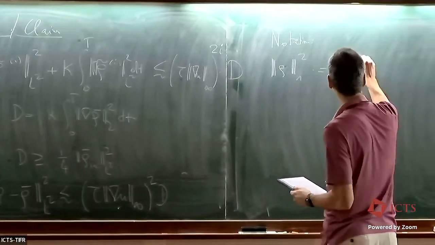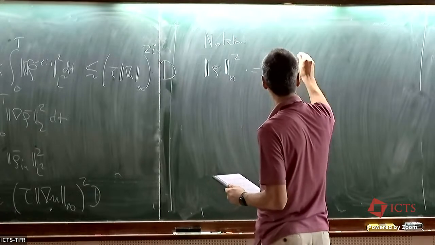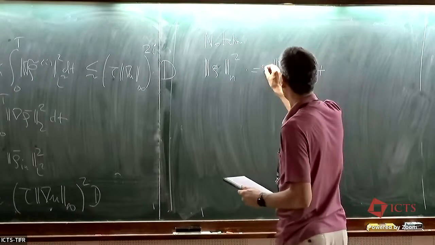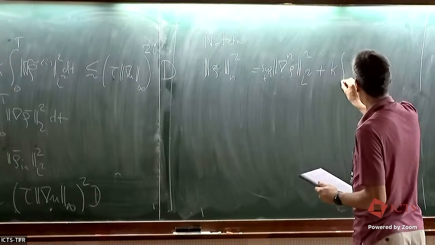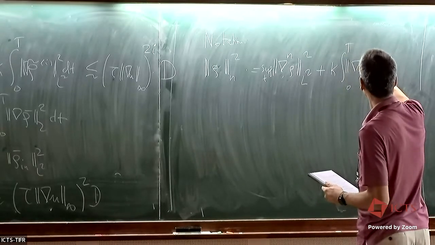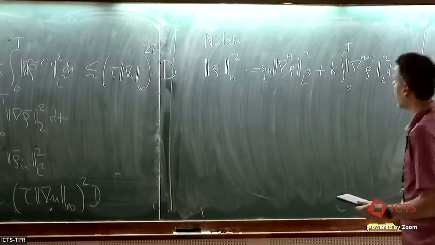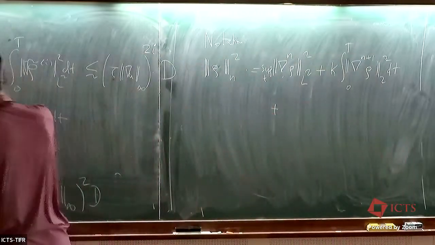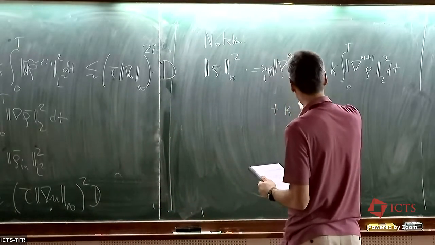So I'm going to write like this: nth derivatives in L2 squared, supremum in time, plus kappa times the n plus first derivative squared. And because we need to sort of keep track of the dissipation rate, I'm also going to add this term.